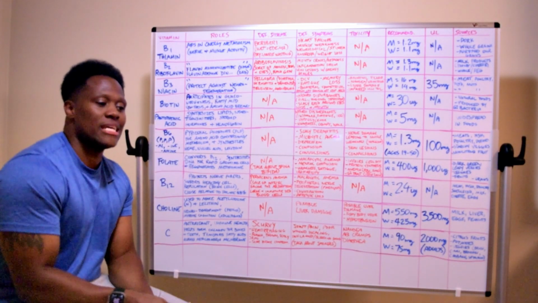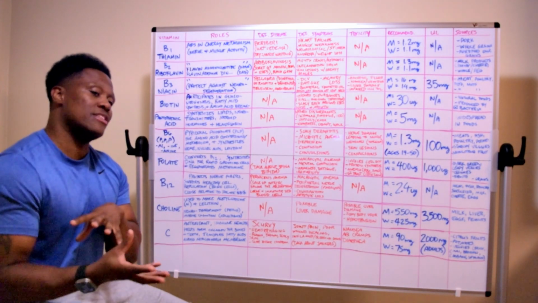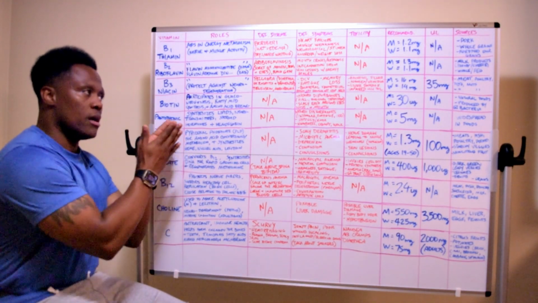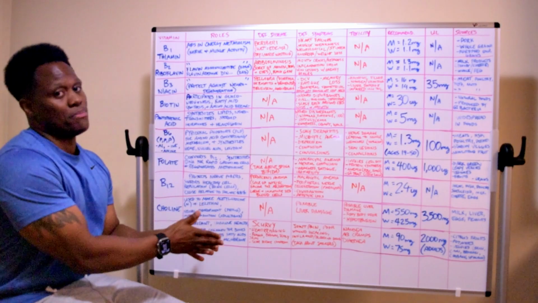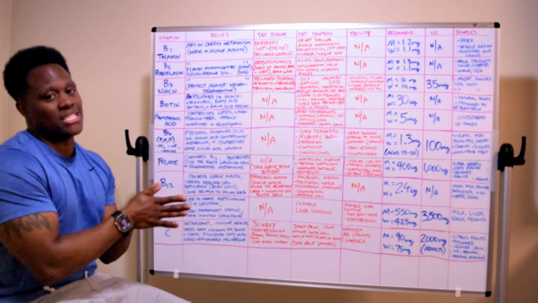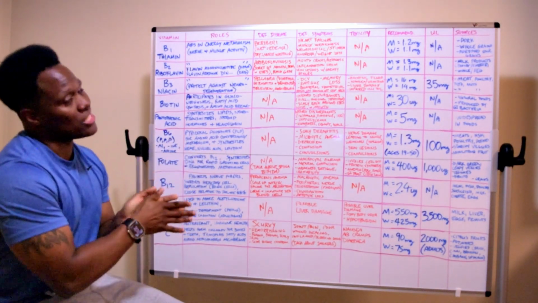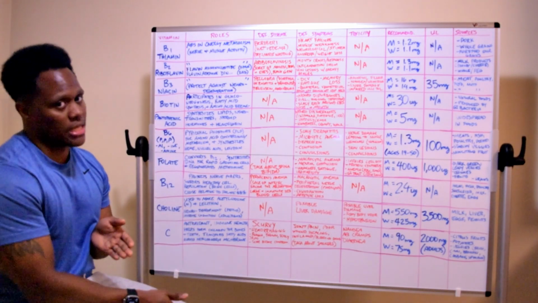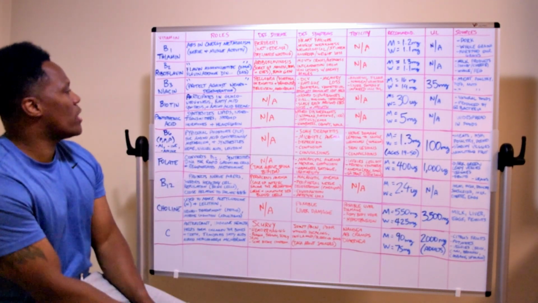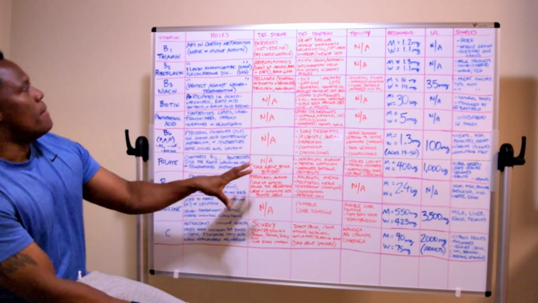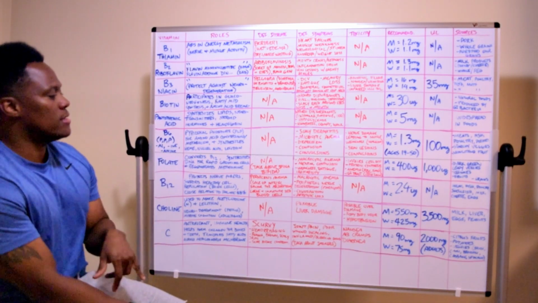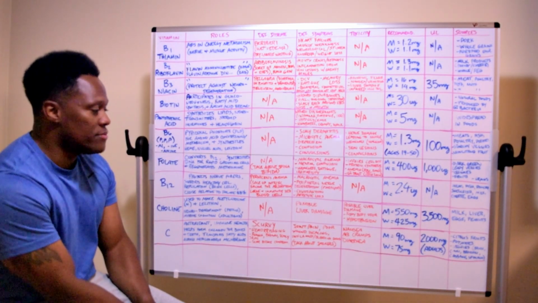So you crave certain things, but you want to make sure that those cravings don't come at the detriment of the vitamins that you should be getting in order to maximize the development of that fetus as much as possible. You want to make sure there's no detriment there. But either way, these are all the B vitamins as well as the C. That's pretty much going to conclude this video.